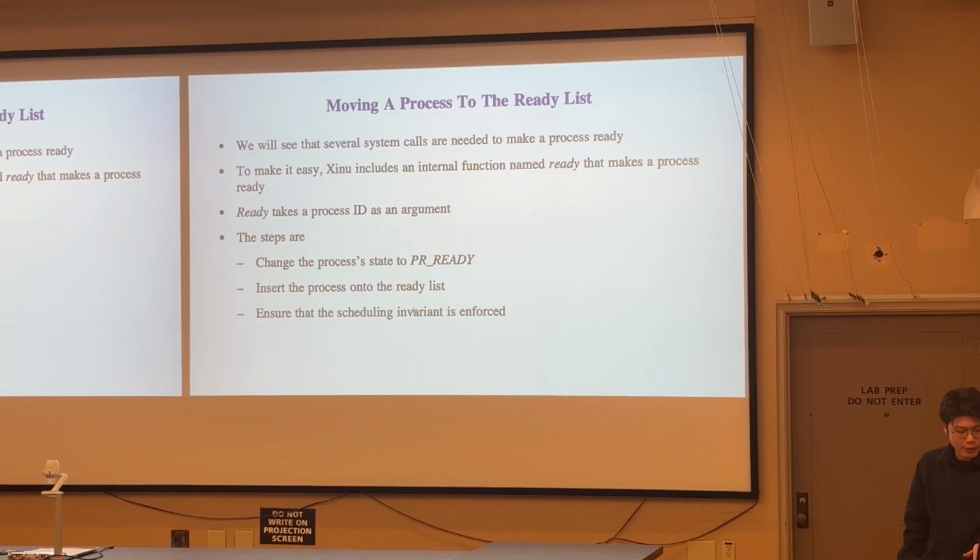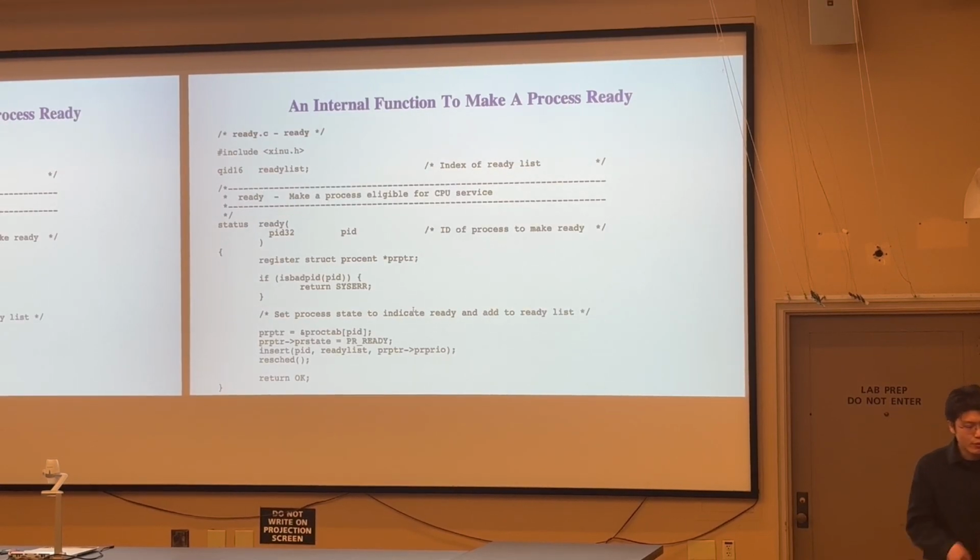The implementation is still very straightforward. This is the ready function's implementation. It takes a PID as a parameter, and the main logic is really here. It gets the process table entry and changes its state to ready, and then inserts this process into the ready list.